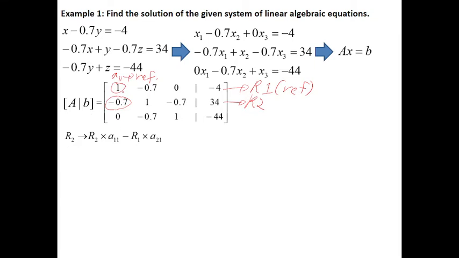So row 2 multiplied by A11, our reference element, okay, minus R1, our reference row, kung saan yung ating reference element, yun din ang ating reference row, then multiply natin ng A sub 21. Okay? So, ito yung papalitan natin ng 0, yung A sub 21. Papalitan natin yan ng 0, kaya i-multiply natin siya ng A sub 21, yung row 1 na ating reference.